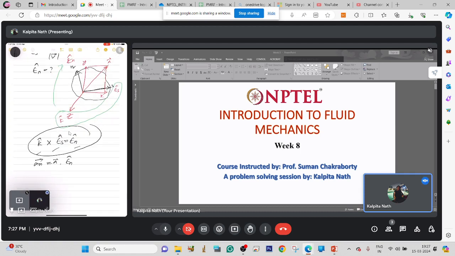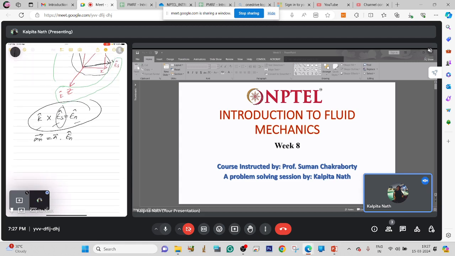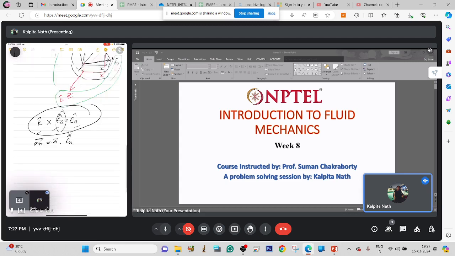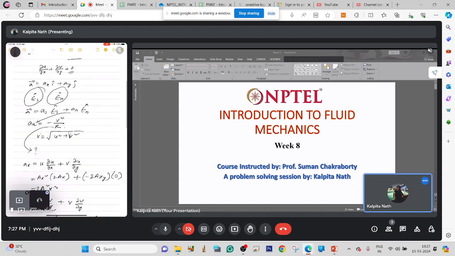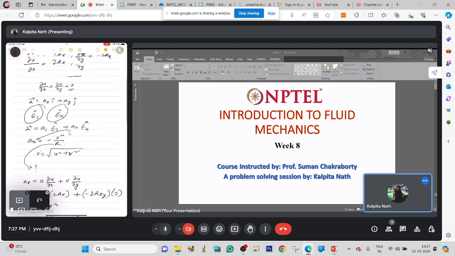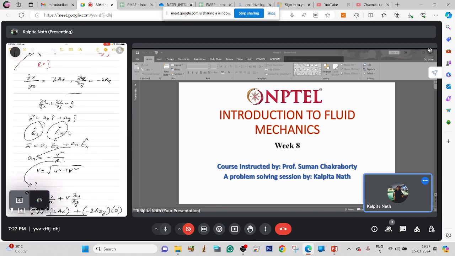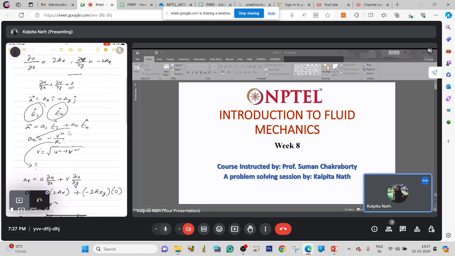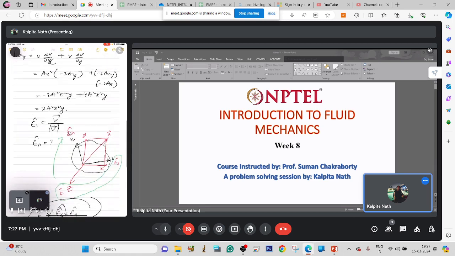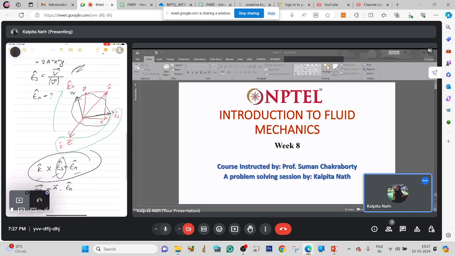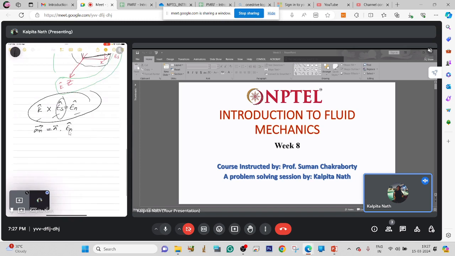So for this one we need to first find epsilon n cap, and for that we need to first find epsilon s cap. Epsilon s cap is this one, right? Epsilon s cap is the unit vector of v vector.